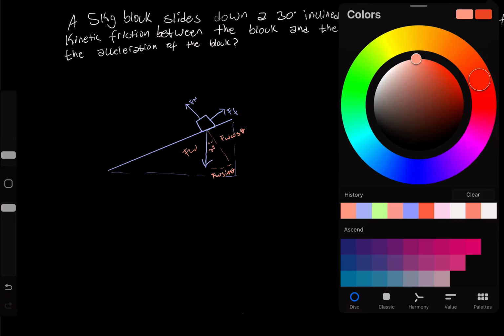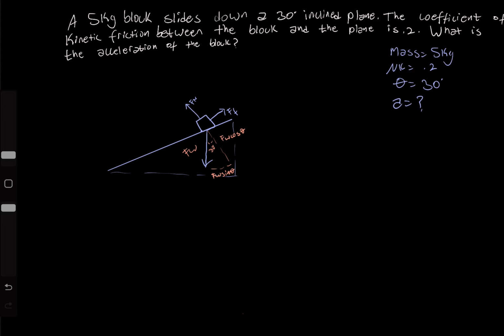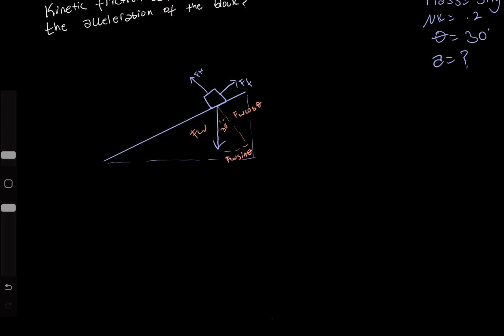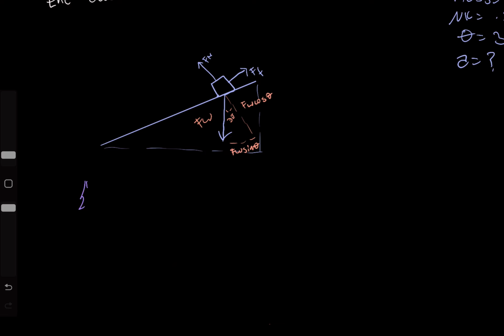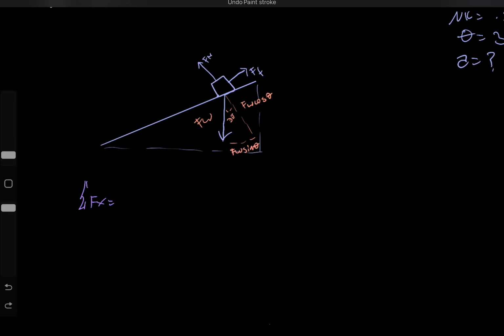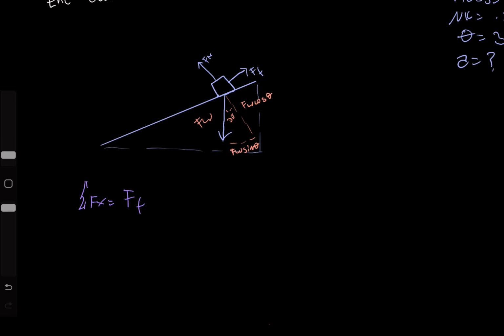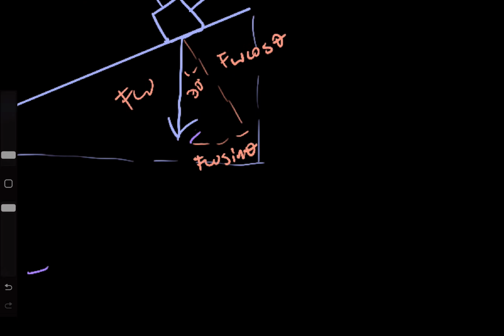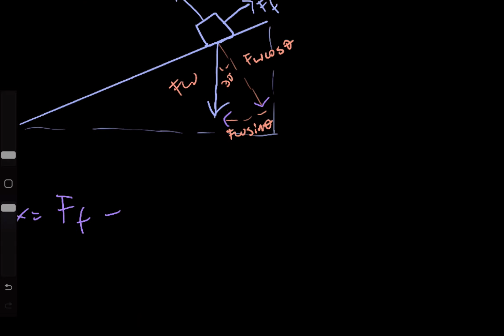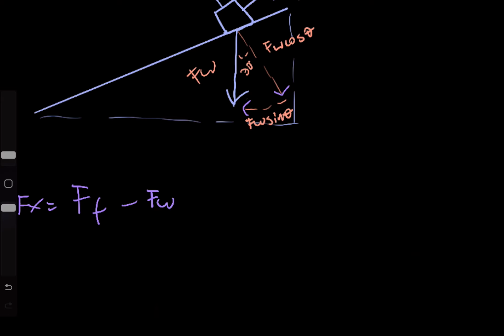Okay, so let's do net forces in the x direction first. So we have positive force of friction and minus the force of weight sine theta. This is equal to mass times acceleration.